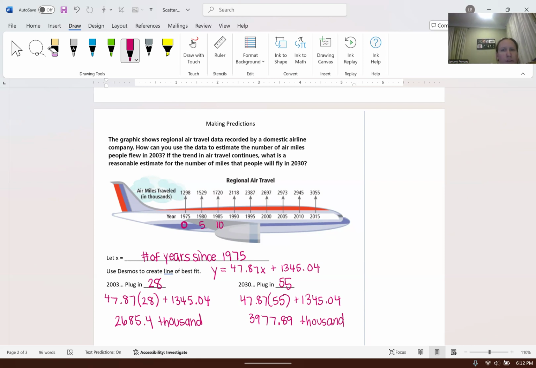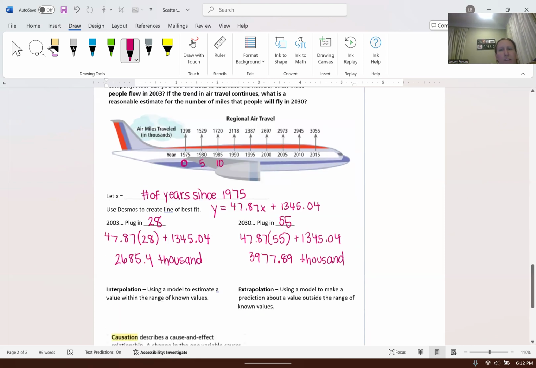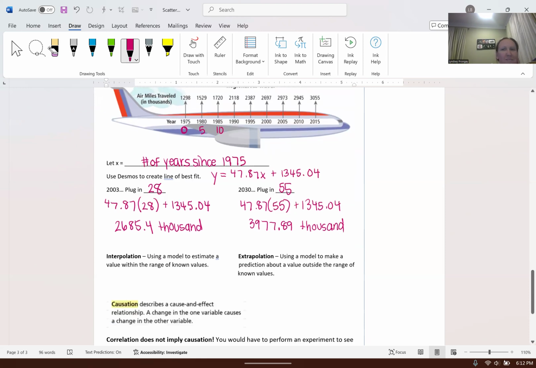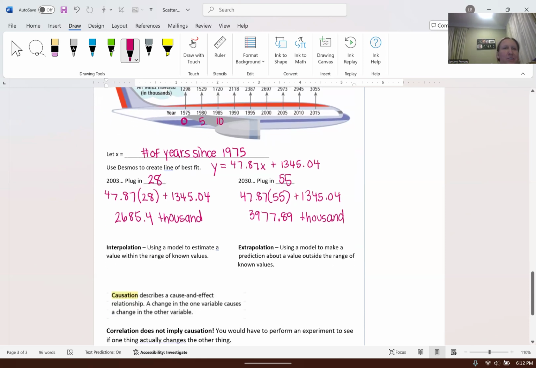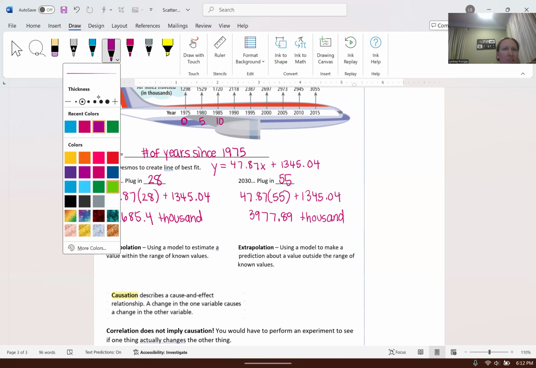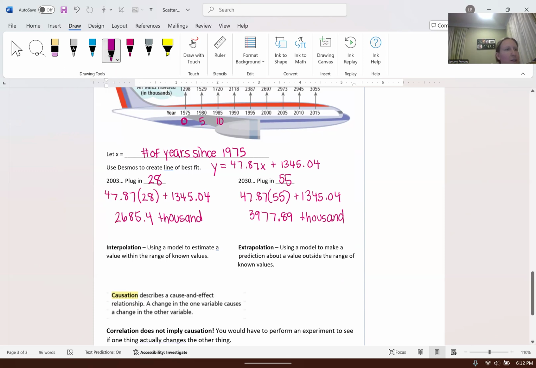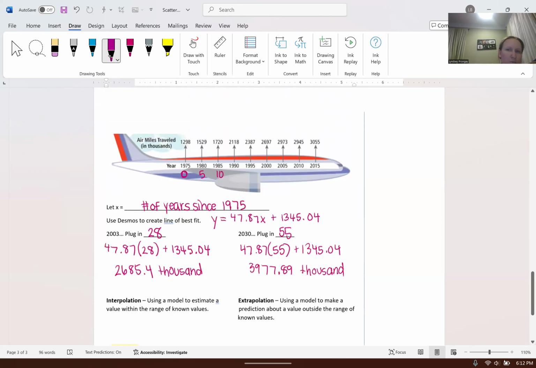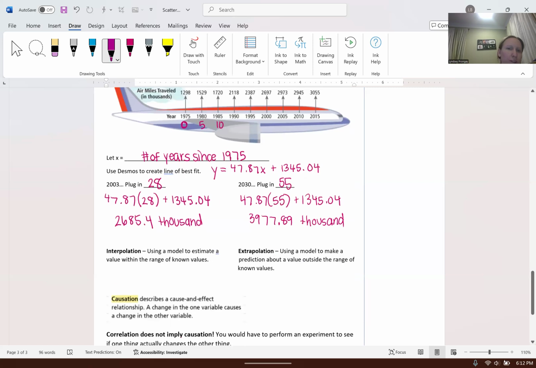Okay. Now there are some fancy vocab words that go with what we just did. And that would be interpolation and extrapolation. They sound fancy, but they just mean to estimate or predict.